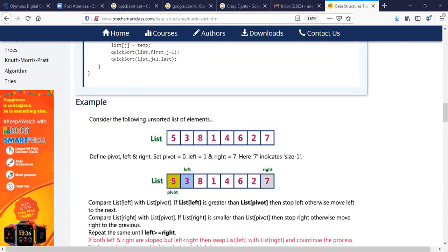The next one, implementation of topological sorting.